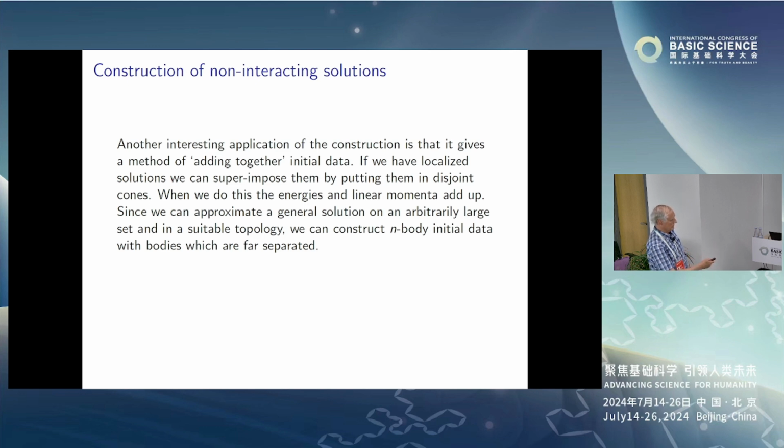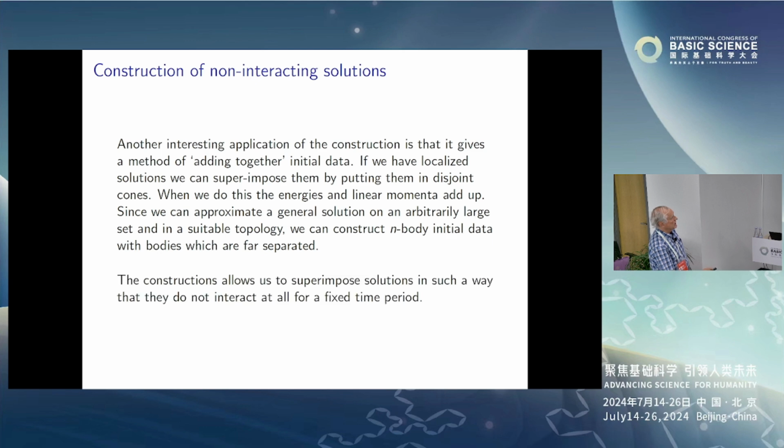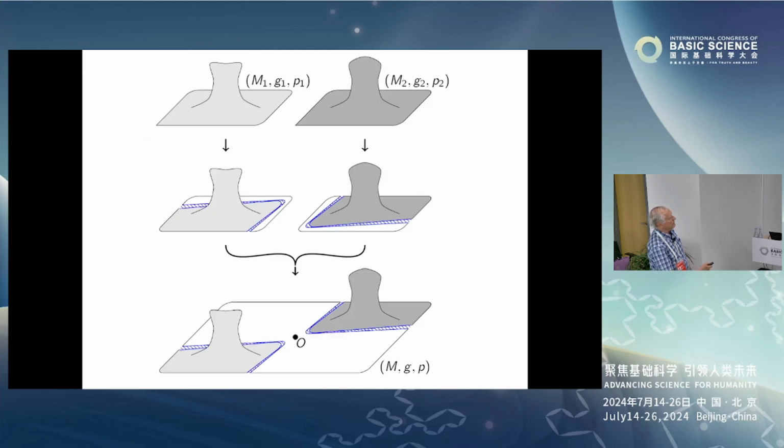So you can solve the Einstein equations, and these are superimposed in such a way that they don't interact at all for a fixed time period. So for example, I could take two arbitrary solutions, I could localize them in cones, and then I could just put them together, and that, because this is just Euclidean, is a valid initial data set. And so those solutions, when you solve the Einstein equations, will be completely non-interactive for a fixed time period. Of course, eventually they will interact.